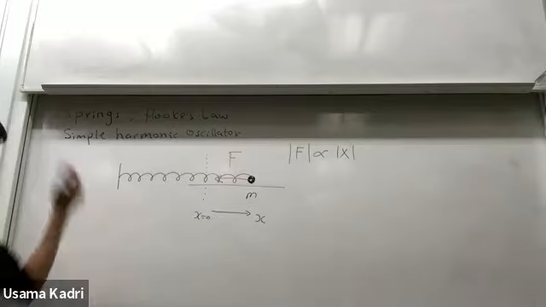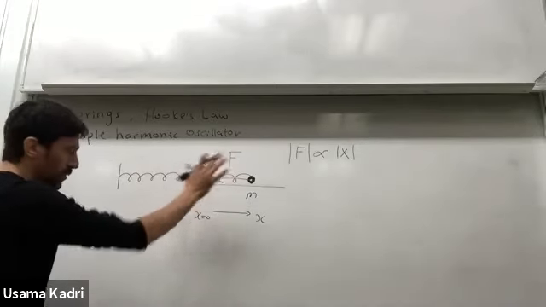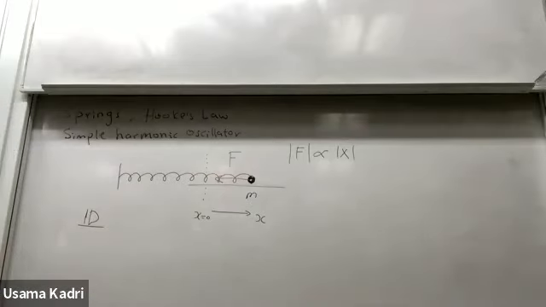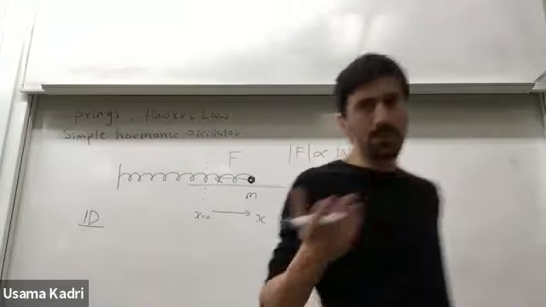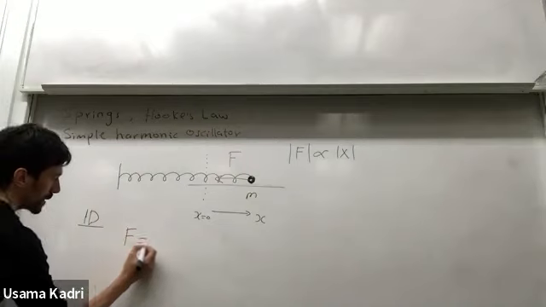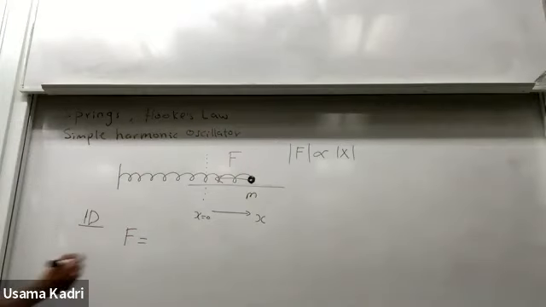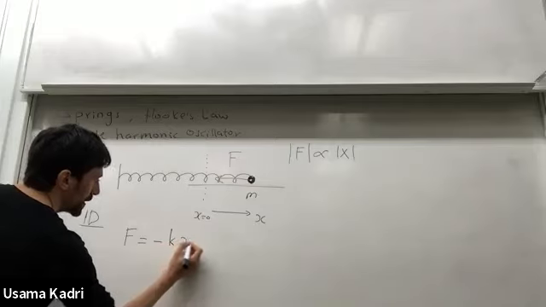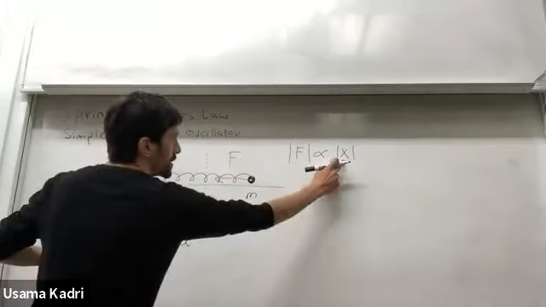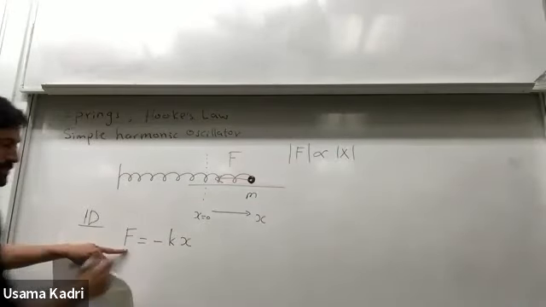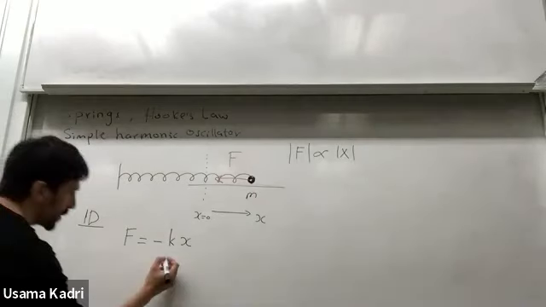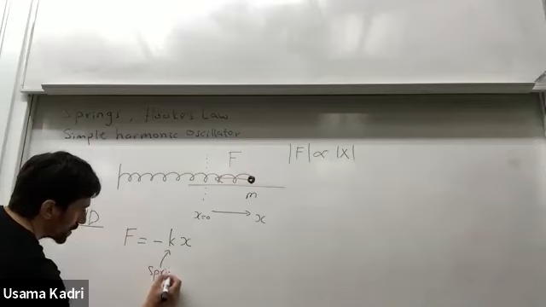In this case, we're going to talk about a 1D problem to start with, so we can drop all the vector notation. We can write F equals minus kx. This is the proportionality between x and F, and this minus k is the proportionality constant, which is known as the spring constant.